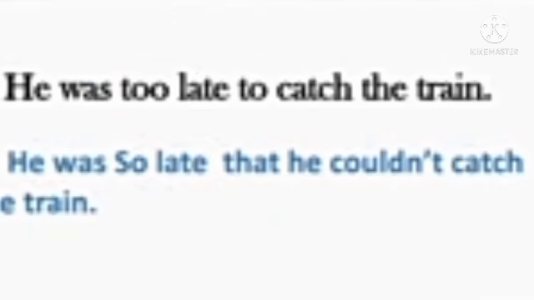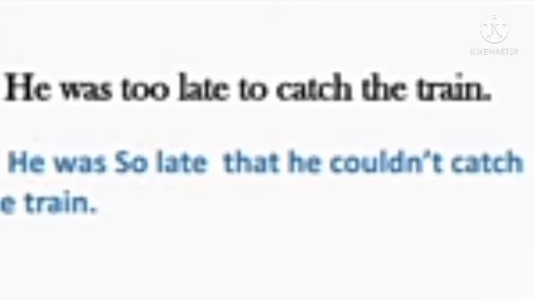Here he is the subject, so we will write he. As the given sentence is positive, so we will add the negative word, okay, cannot or could not, according to the tense. Here the tense of the sentence is past tense, so we will add could not. Okay, so the sentence will be like this: he was so late that he could not catch the train.